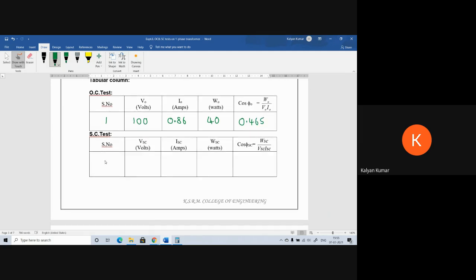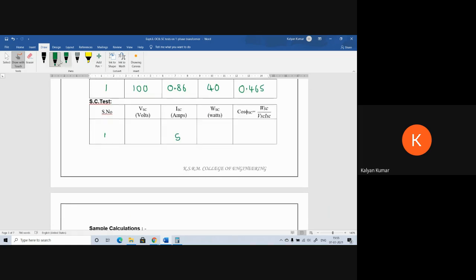Now from the SC test, the rated current we need to apply, that is 5 amps. Now when the 5 amps current is applied, the voltage will be around 12 volts and wattmeter reading that we are going to get will be around 50 watts.